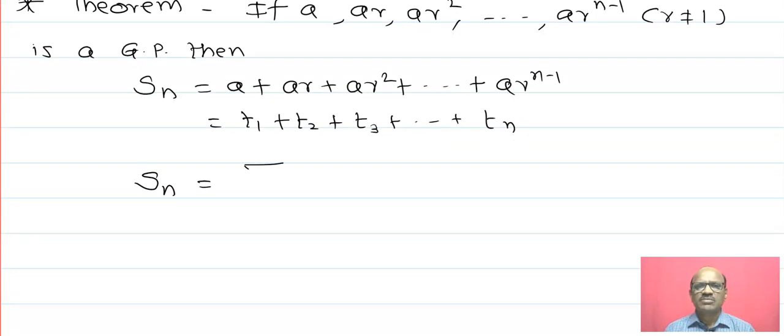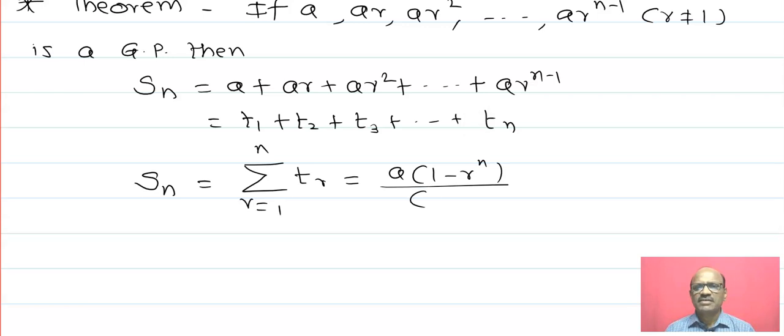Sn is the sum of all the terms, that is T1 plus T2 plus T3 up to Tn. Then Sn is the sum from r equals 1 to n of T suffix r, and that equals a times (1 minus r raised to n) upon 1 minus r, where r is not equal to 1.